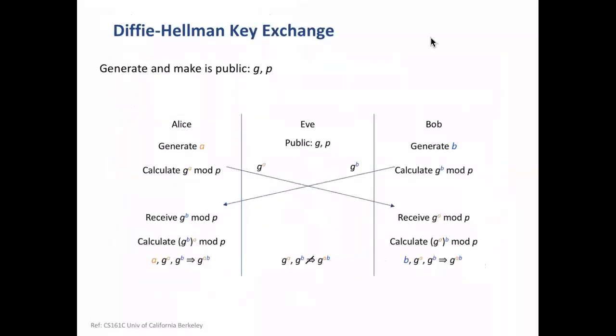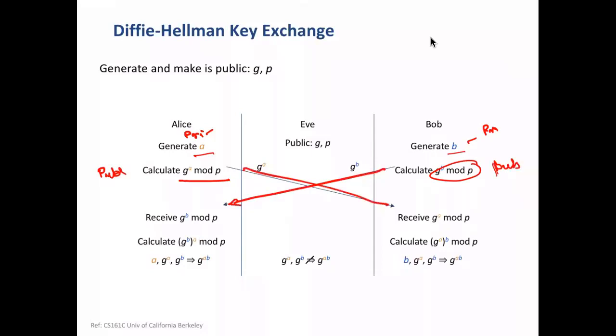Pictorially we can define this as follows: Alice generates A, Bob generates B. These are the private keys. From A, which is the private key, she uses this function to generate the public key. Similarly, Bob generates a public key, and they exchange these. So G raised power A mod P is exchanged here.